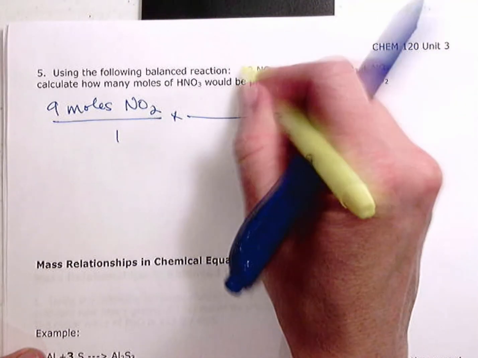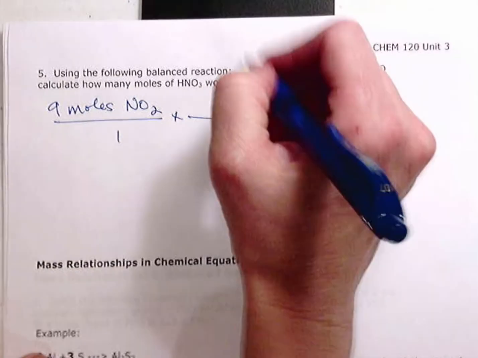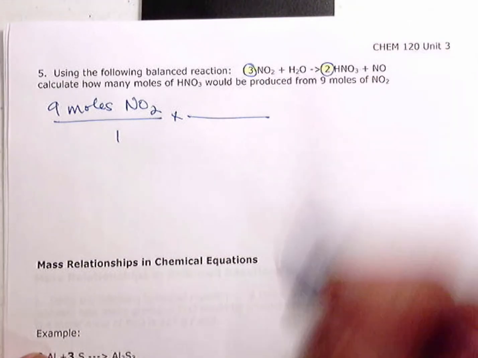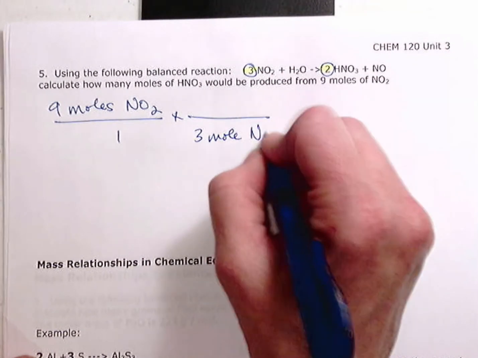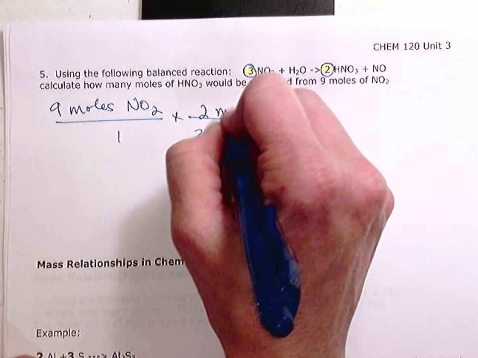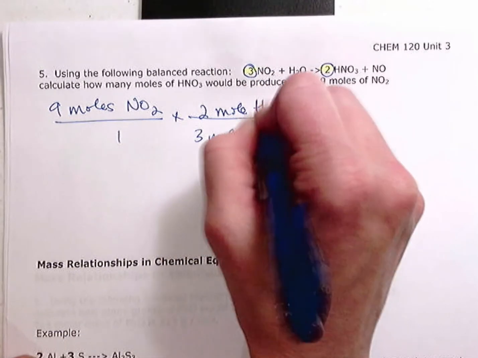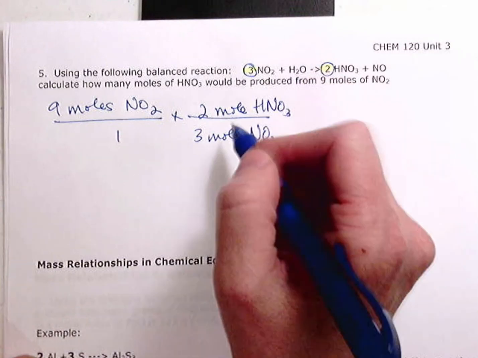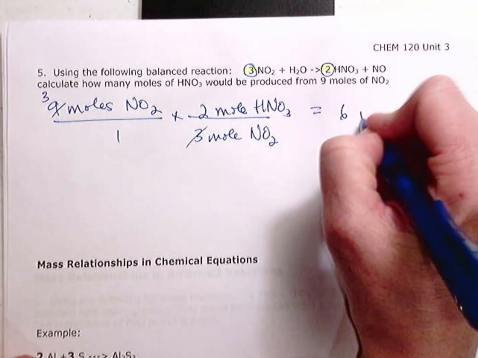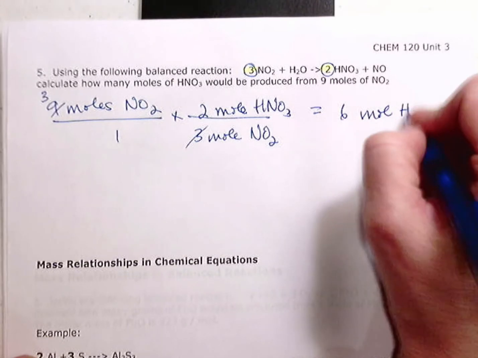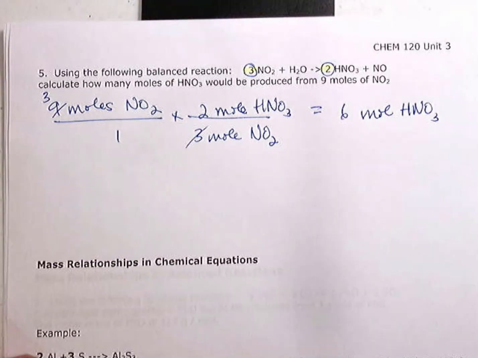See, this is one where if you do it in your head, you can get it mixed up. But again, if you have a system that works, keep doing it. Okay, so you get 3 times 2, so 6 moles of HNO3.